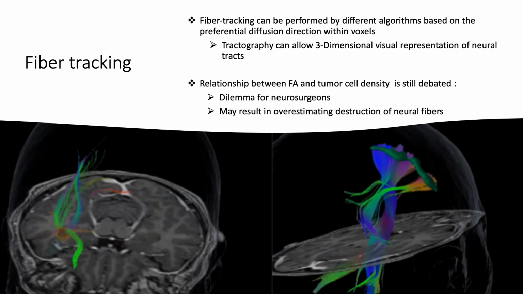The relationship, however, between FA and tumor cell density is still widely debated, and different algorithms are preferred by certain scientists over others. This has created a dilemma for neurosurgeons and may result in overestimating the destruction of neural fibers, which is an issue in tumor removal because we want to keep as much healthy tissue intact as we can while removing all of the tumor cells.